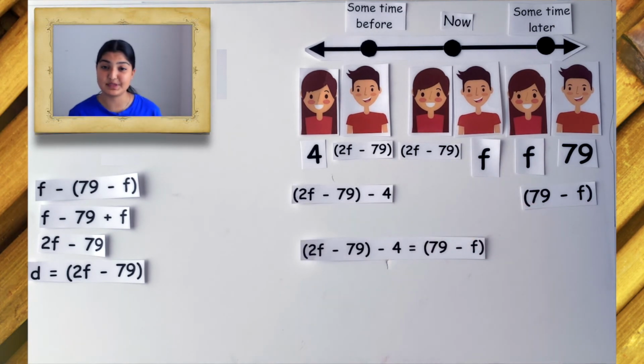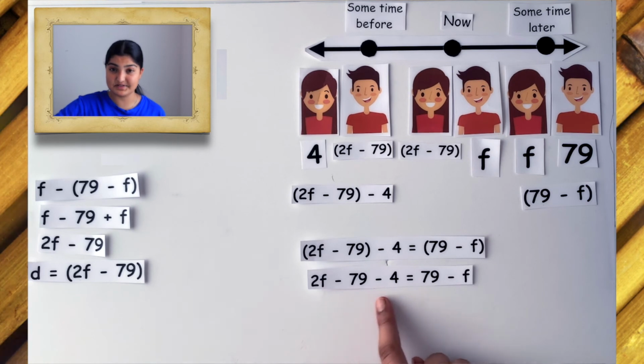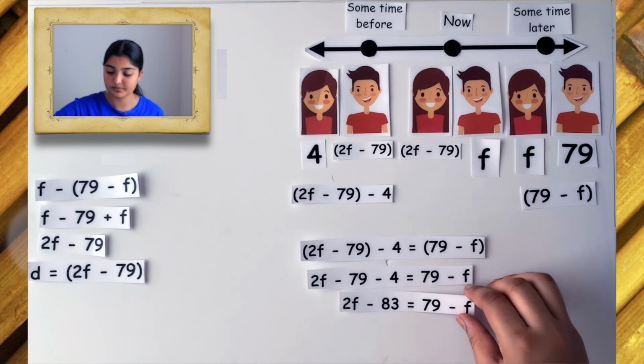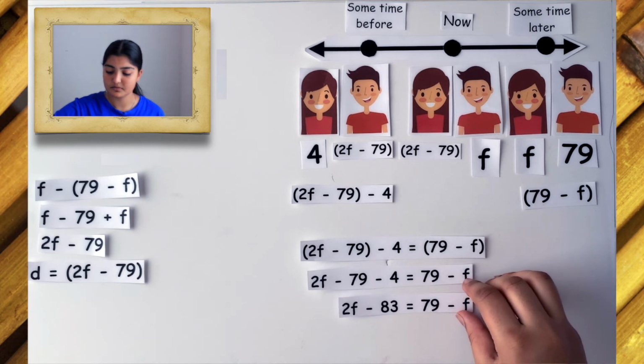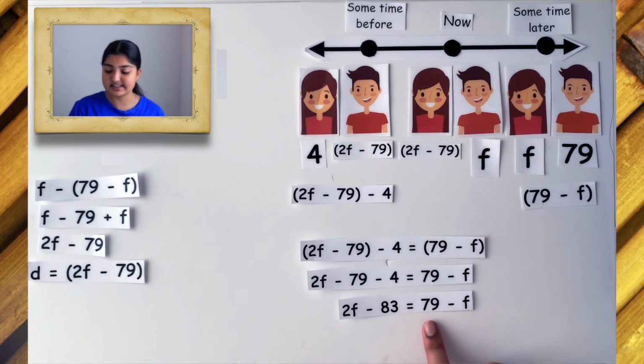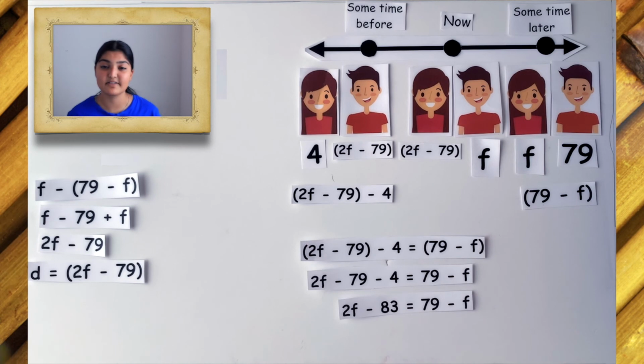Now, let's open the parentheses. Now, let's simplify the left side of the equation. -79 minus 4 is -83. 2f minus 83 is equal to 79 minus f.